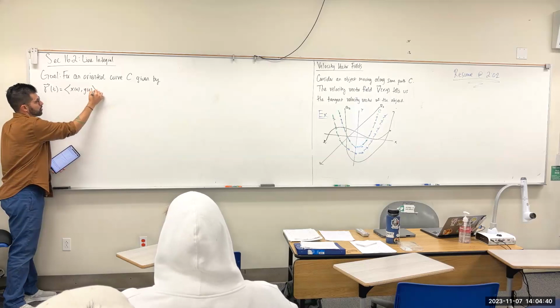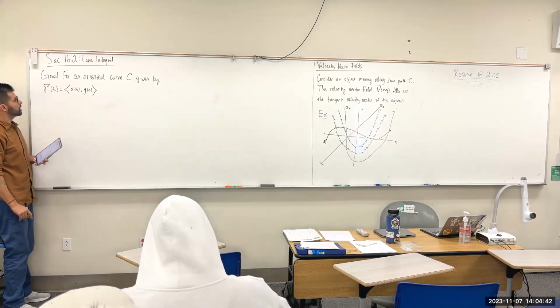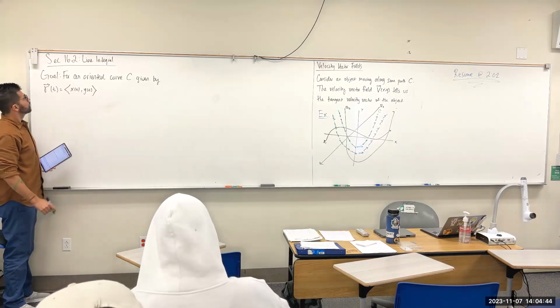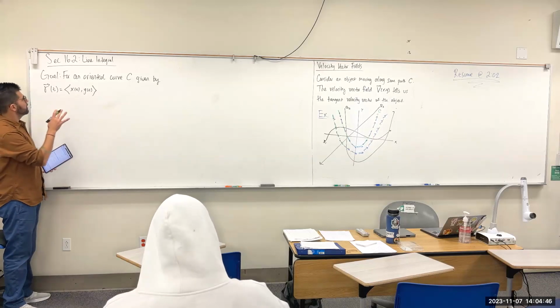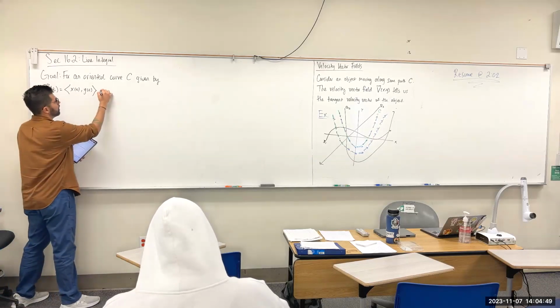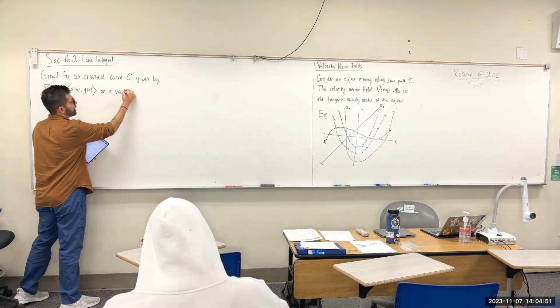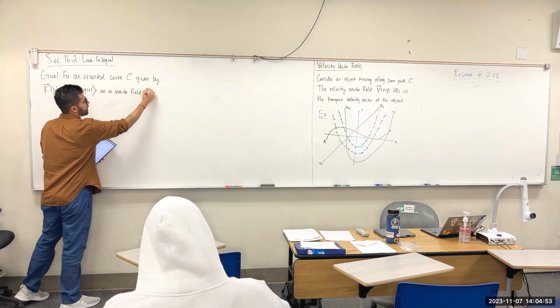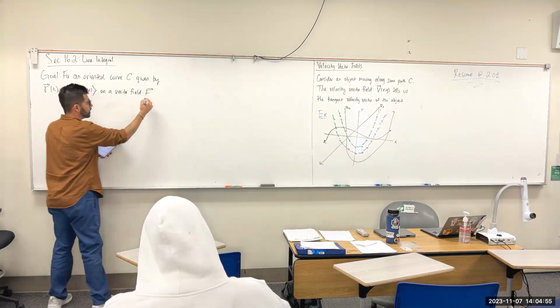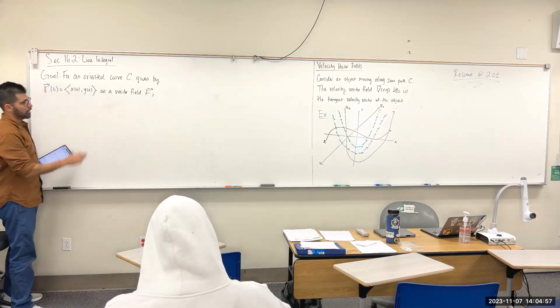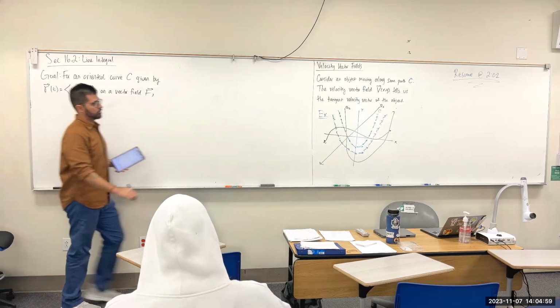Let's make this a two-dimensional one, so we can do some sketching. So for an oriented curve C given by this vector function, on a vector field F, kind of like the picture that we have over here.